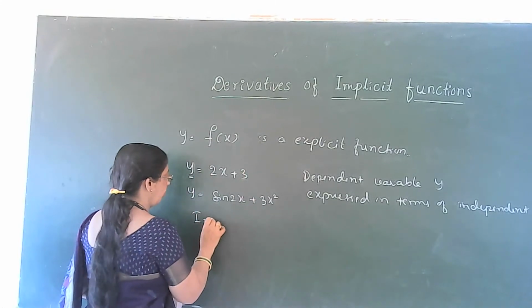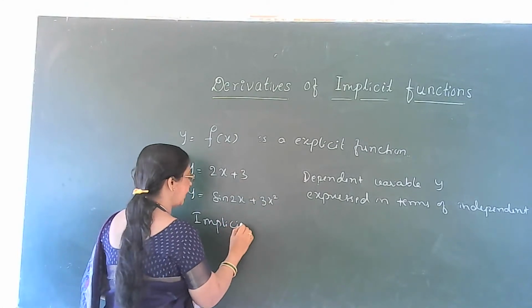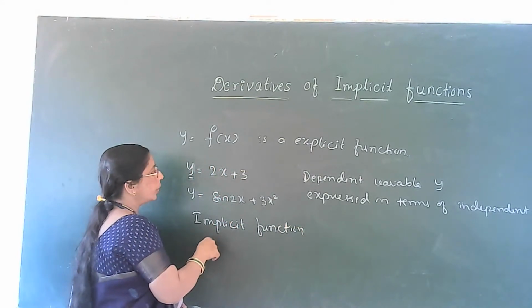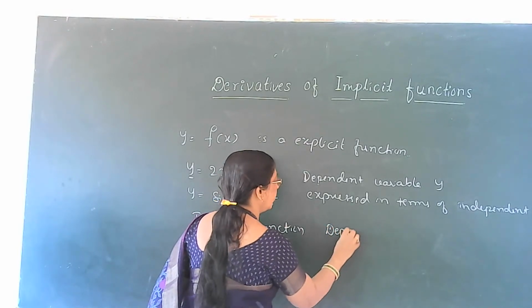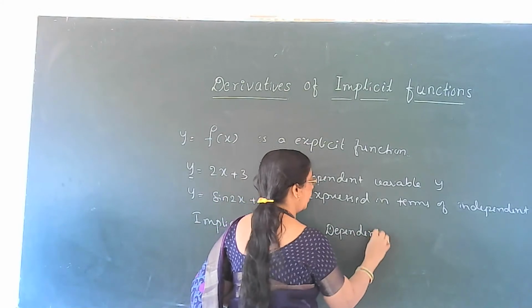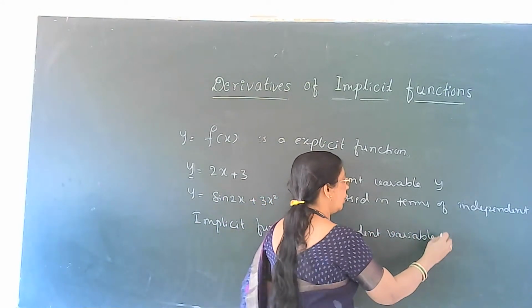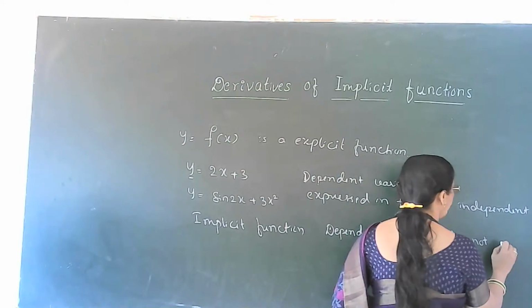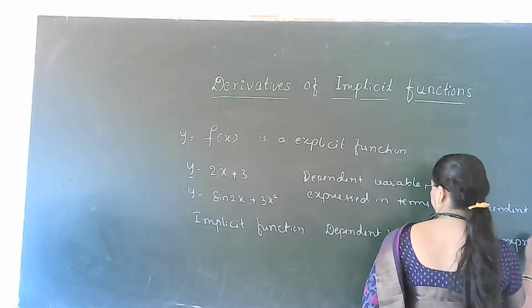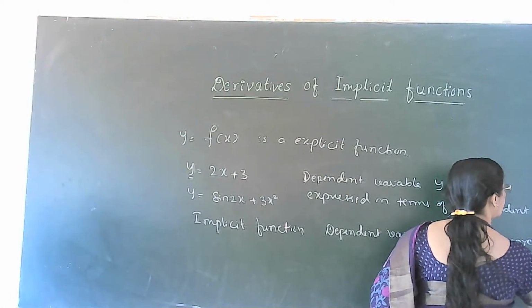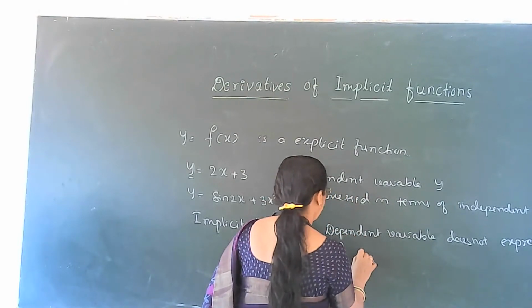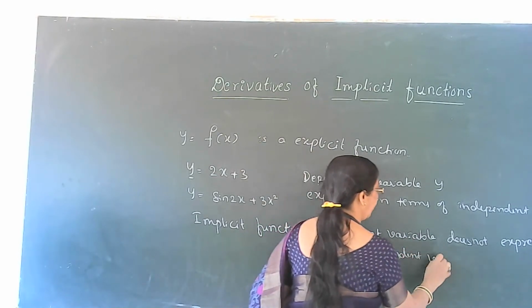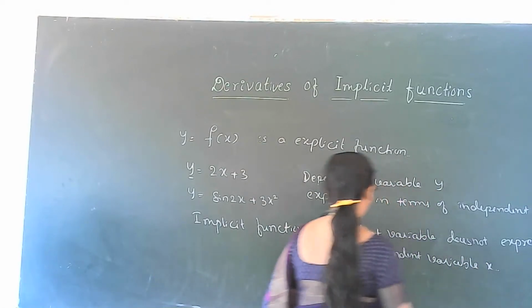Now the implicit function. Here, the dependent variable cannot be expressed, or does not express, in terms of the independent variable x.